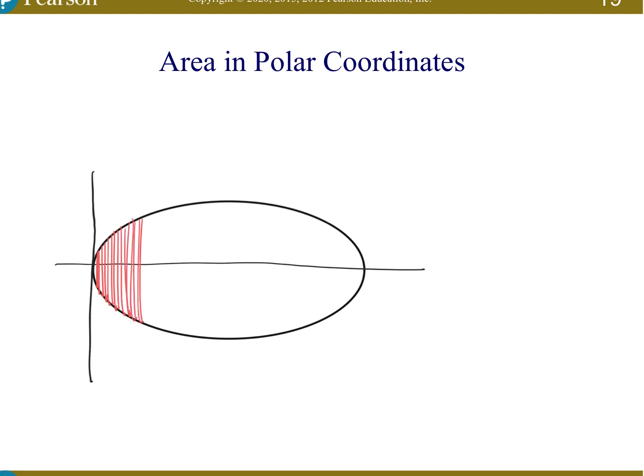All right, we go from left to right for rectangular coordinates. Polar doesn't work that way at all. Okay, in polar, everything emanates from the origin. So you can just go ahead and erase everything you just did.